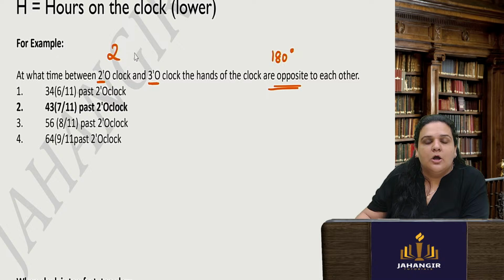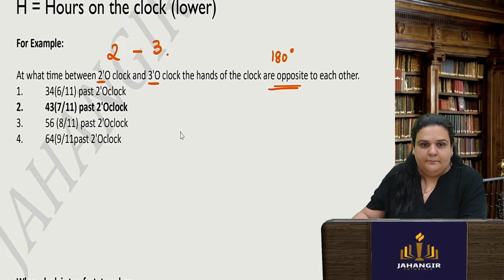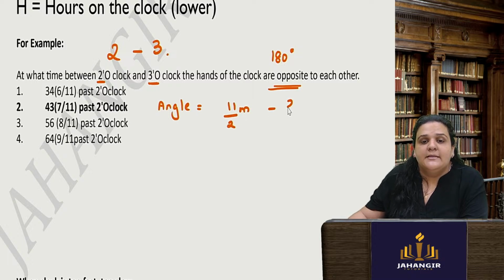So I put the formula: angle is equal to 11 upon 2 m minus 30 h. I know the angle is 180.